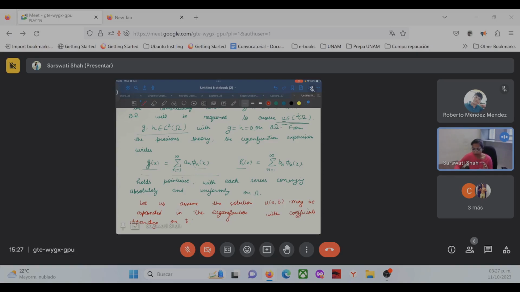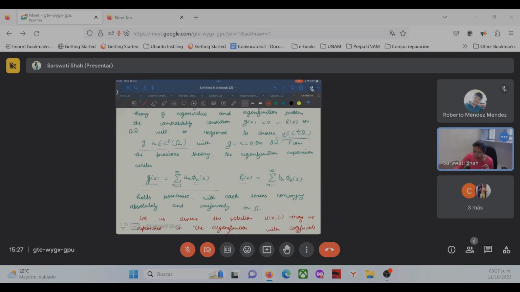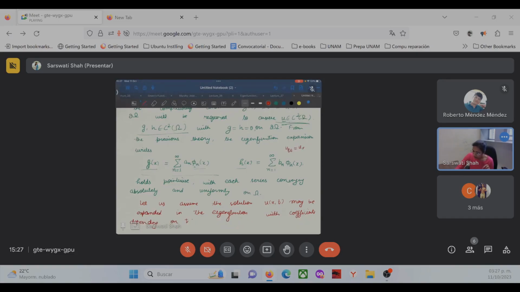If we are taking this partial differential equation u_tt equals u_xx, what we do is firstly write it as u_tt minus u_xx equals 0, then we apply the method of separation of variables.